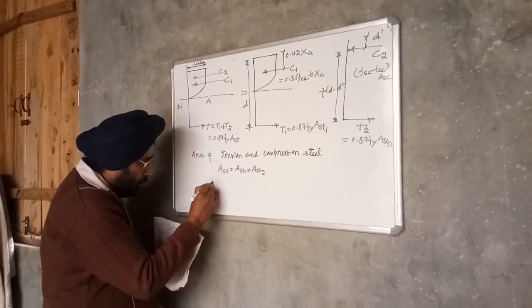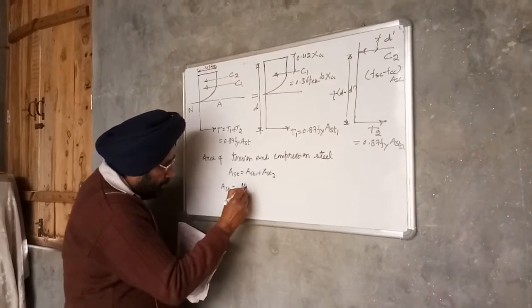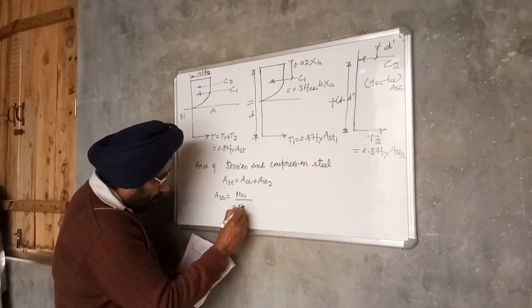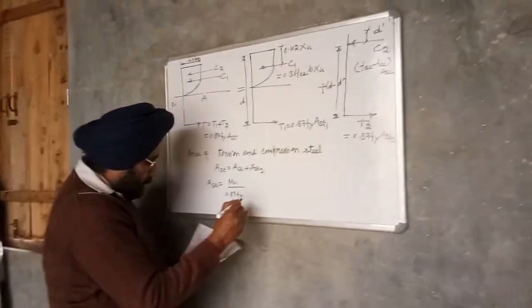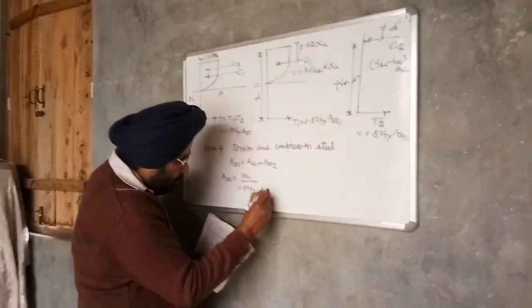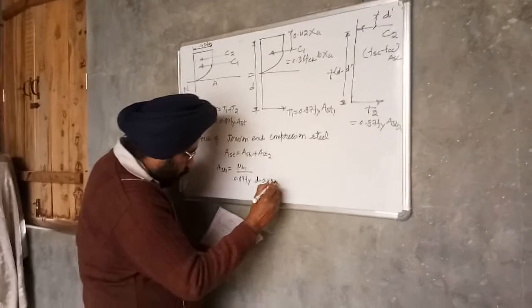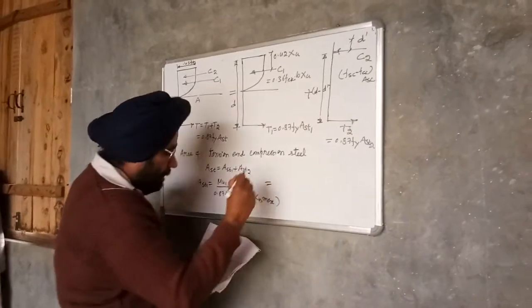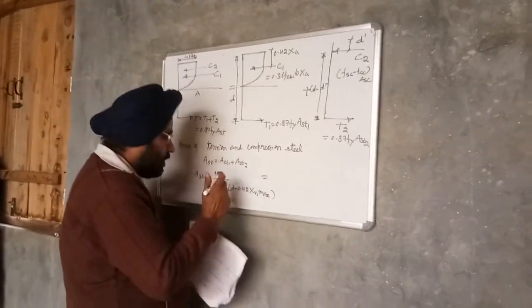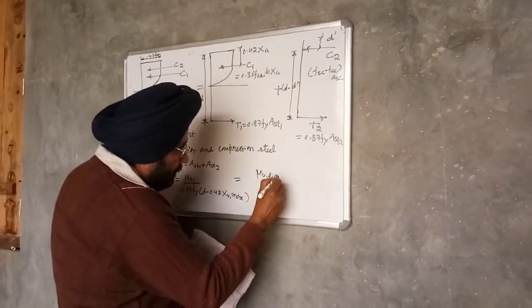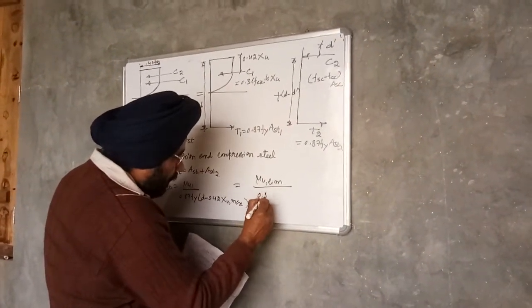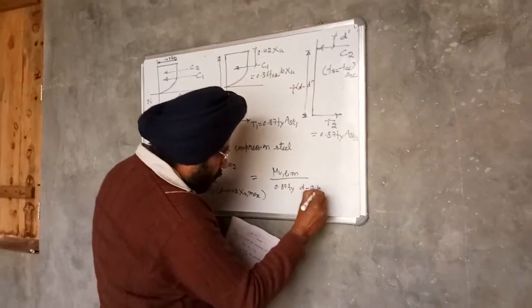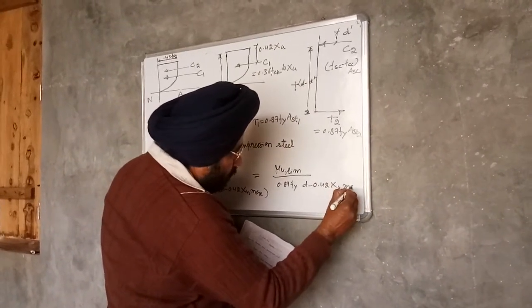Ast1 is equal to Mu1 upon 0.87 fy into (d minus 0.42 xu max), where Mu1 is the limiting moment of resistance.